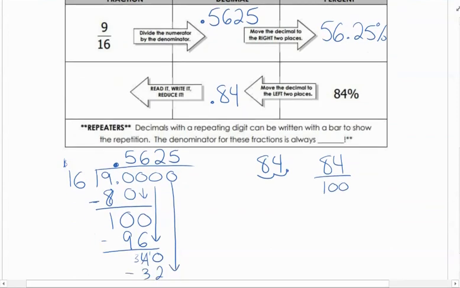But I recognize that those are both even, so I can't leave it as 84 hundredths. It's not reduced. So I could take a guess. They're both even. I could divide by 2. So let's try that. If I divide each of these by 2, 100 divided by 2 is 50. 84, 8 divided by 2 is 4. 4 divided by 2 is 2.